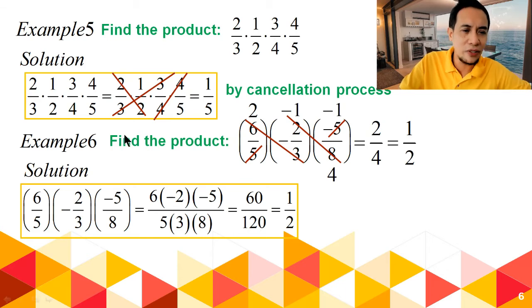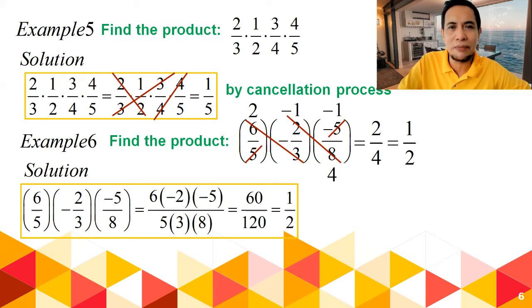All right, so let's go to example number 6. Find the product of 6 over 5 times negative 2 over 3 times negative 5 over 8. By looking at the given fractions, you are multiplying two negative numbers, so you can expect that the product is positive, because negative times negative is equal to positive.